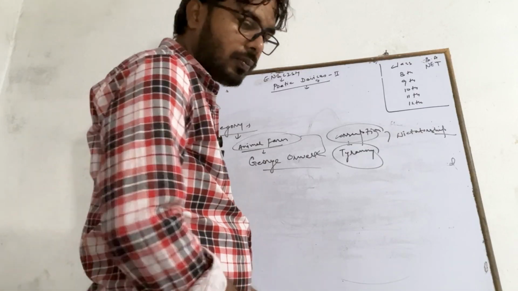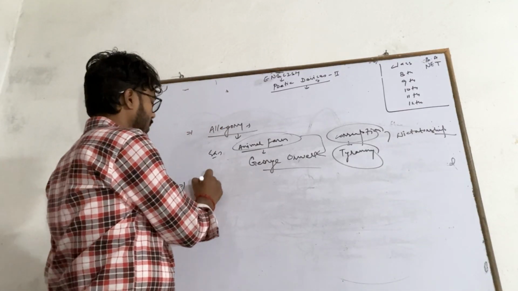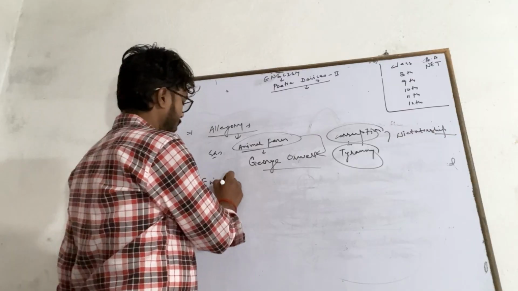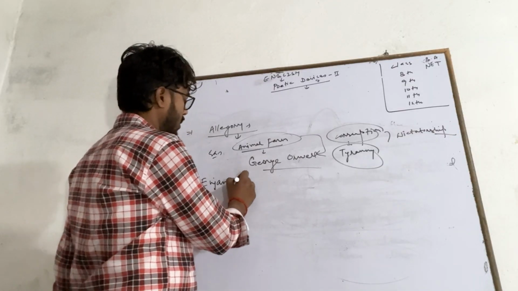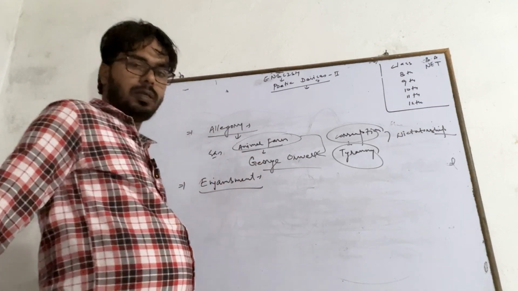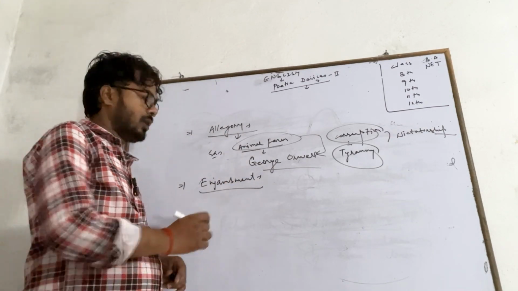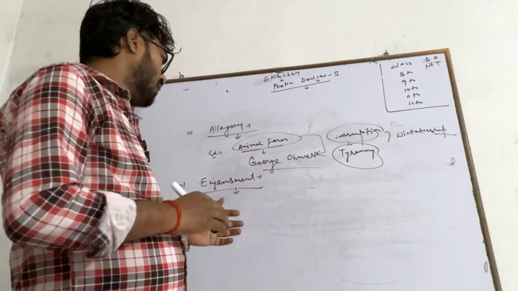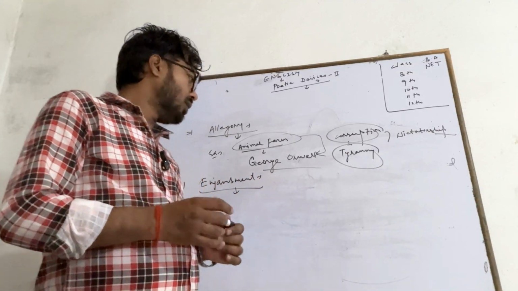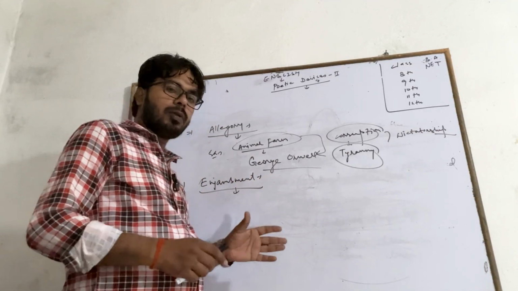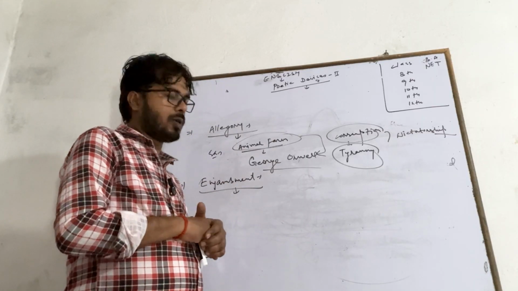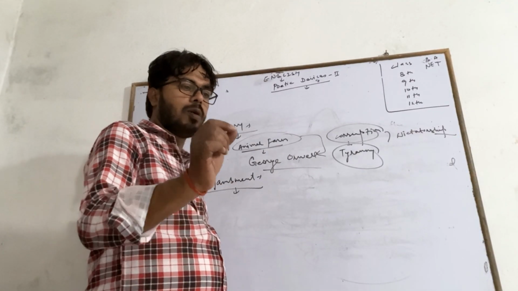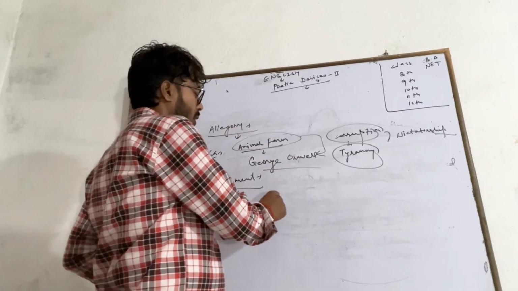And after that, enjambment. When you read a poem and find that at the end of the line there is no use of any punctuation mark, no pause, no comma, the poem continues from here.